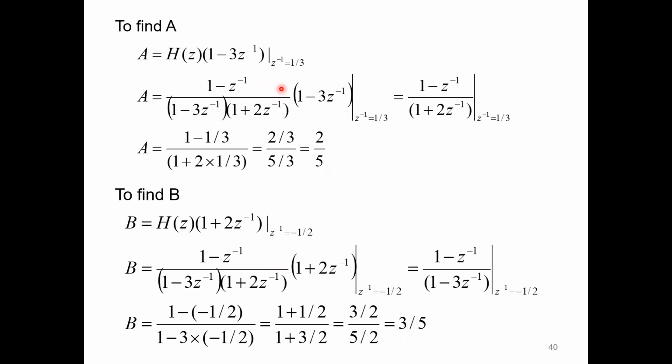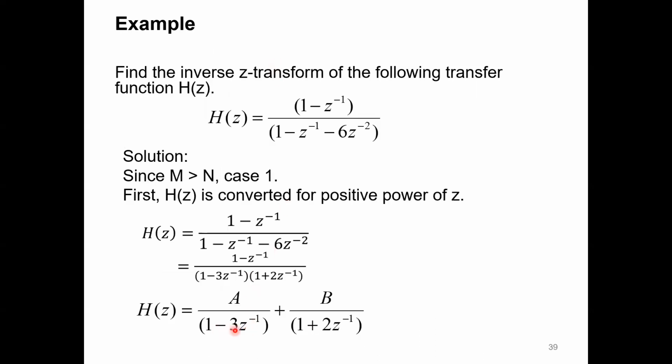Then evaluate the whole expression at that pole. So what is the pole here? 1 minus 3z^-1 is equal to 0, then you can calculate z^-1. You're trying to eliminate z at that pole value.